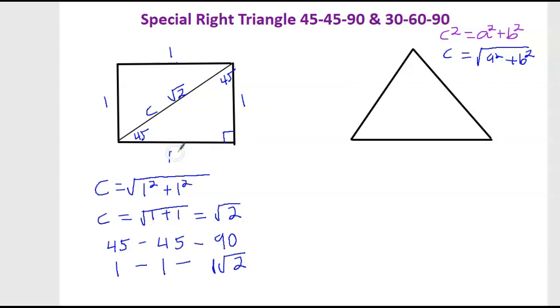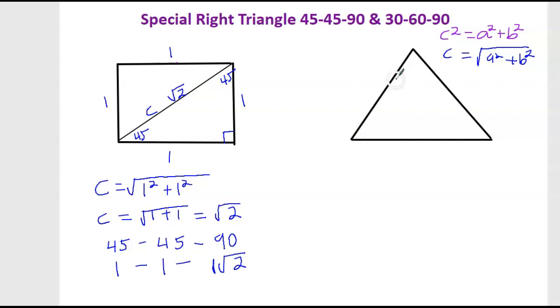Here let me reiterate something. Since we have 1, 1 and the square root of 2, and it is 45, this is what we call an isosceles right triangle. Let's come to this one here.